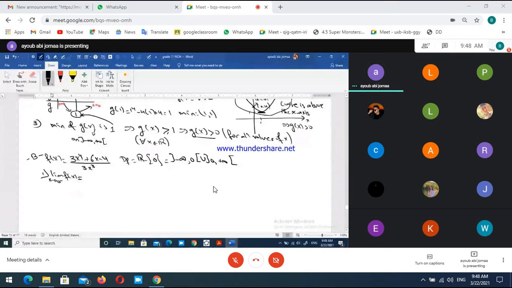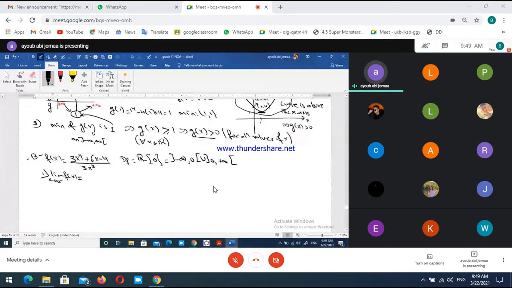Omar, find the limit as x approaches 0 minus of f of x. Come on, what do we do?